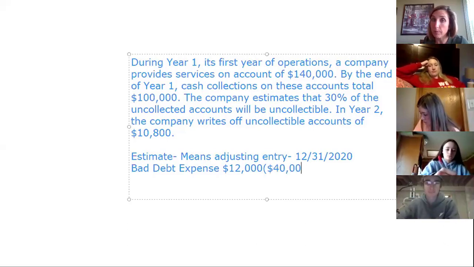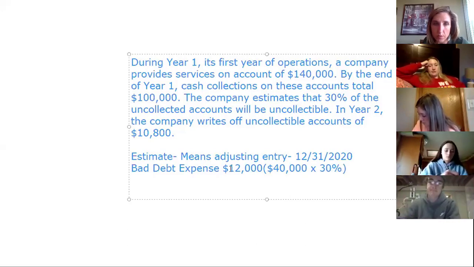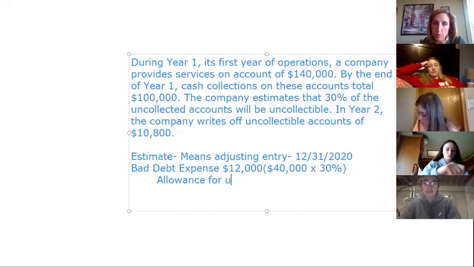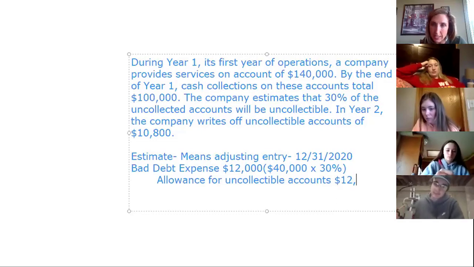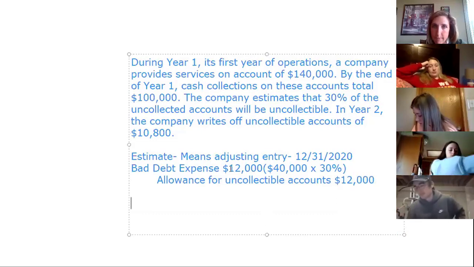Good job. And then we are going to credit on this journal entry the allowance for uncollectible account, which is a contra asset. Any questions on that first entry?